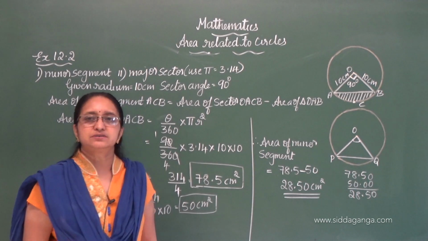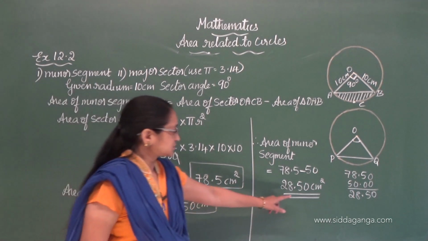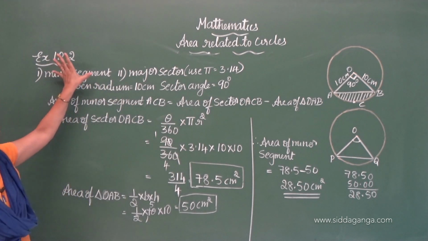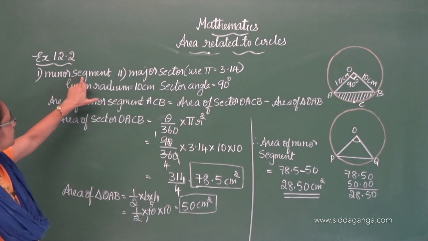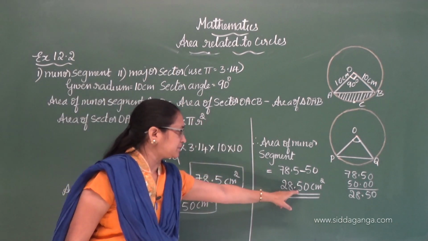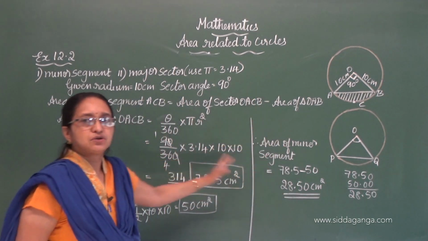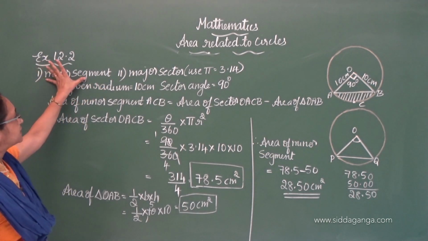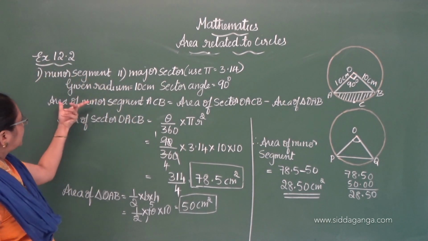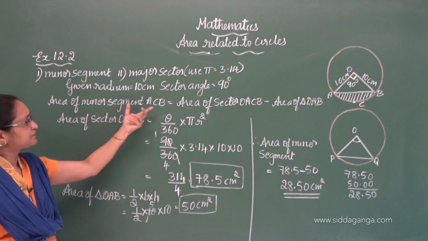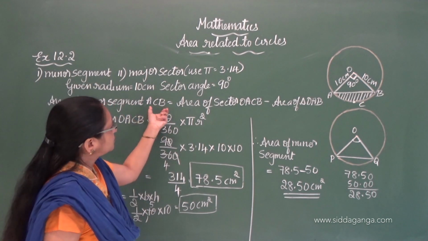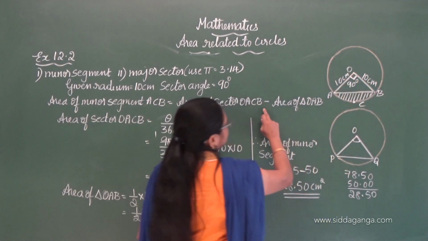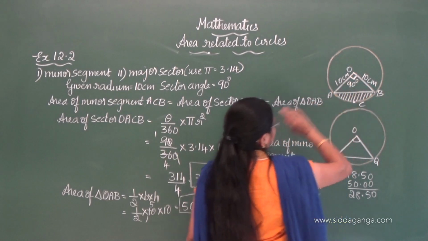So, this is the answer, 28.50 centimeter square. This is the area of the minor segment. This is one part of the problem we completed. We completed only this minor segment. What did we do? Area of minor segment ACB is equal to area of the sector minus area of the triangle.